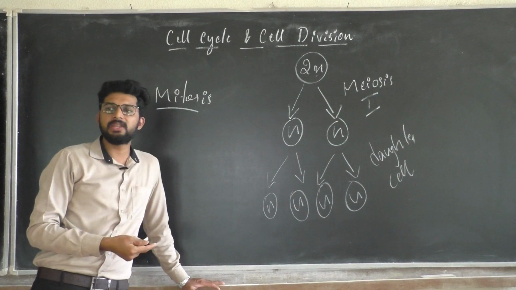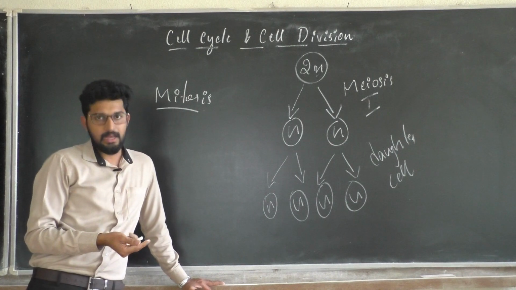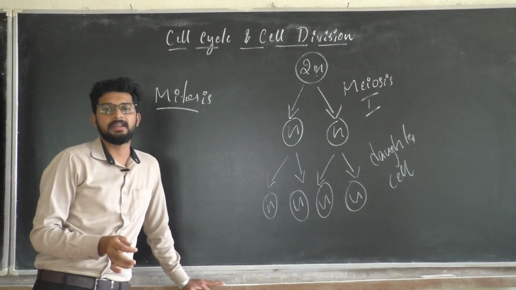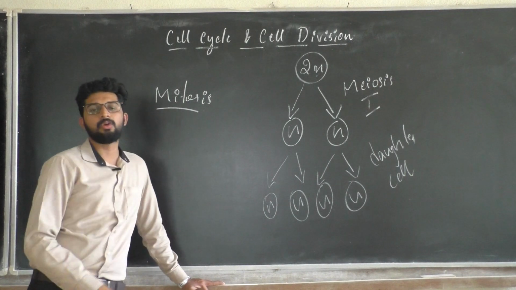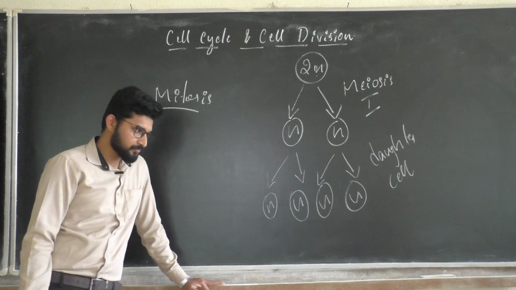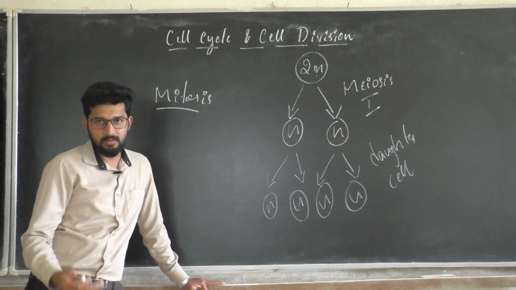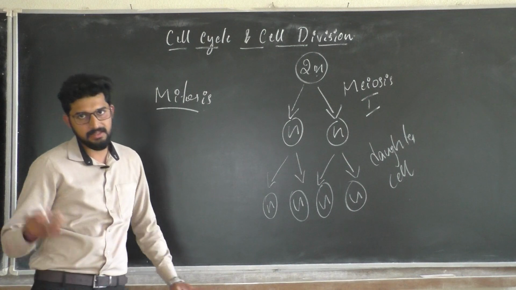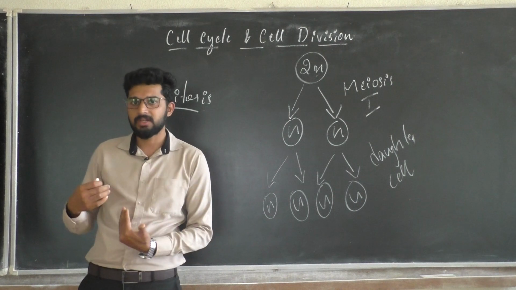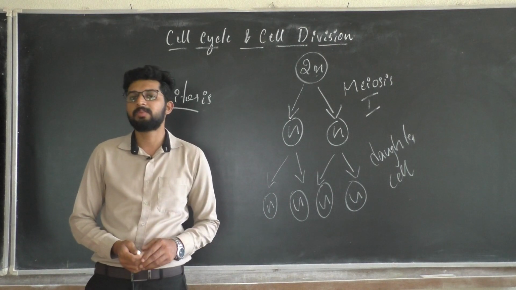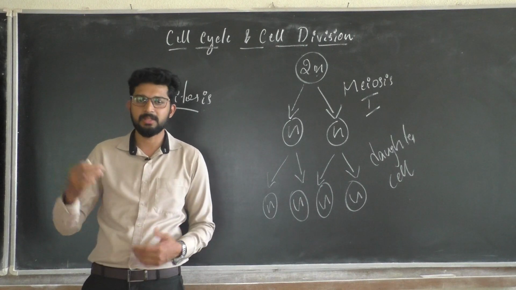In meiosis 1 you had recombination, synapsis, and crossing over, but in meiosis 2, nothing like that. The same order as mitosis is followed. First there is karyokinesis, the nucleus divides, and when you reach telophase 1, you are finished with the distribution of the cellular components.